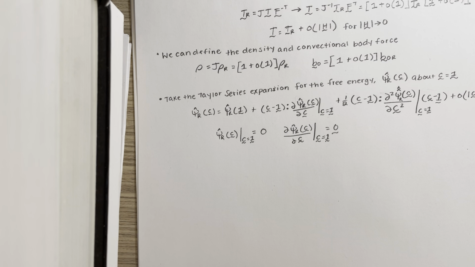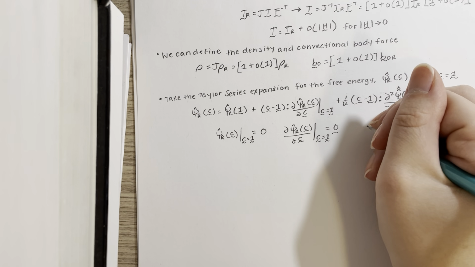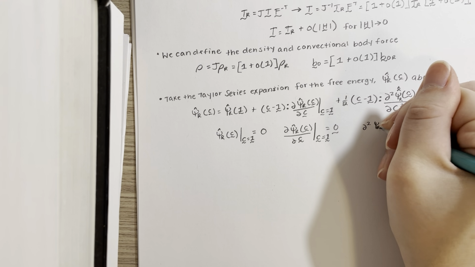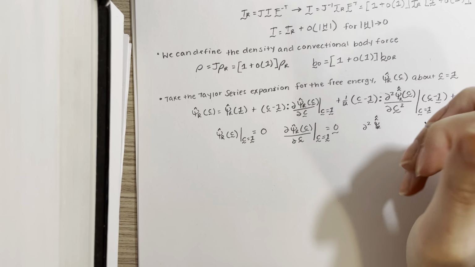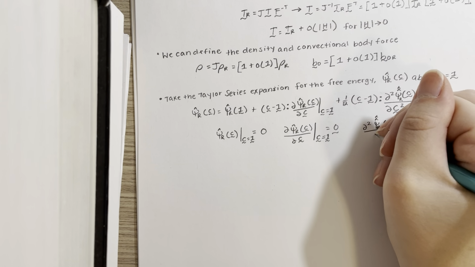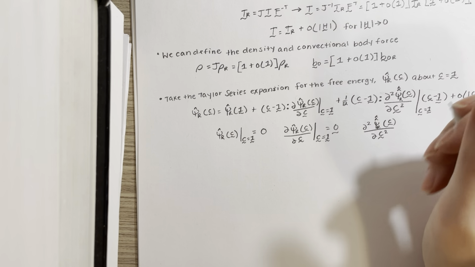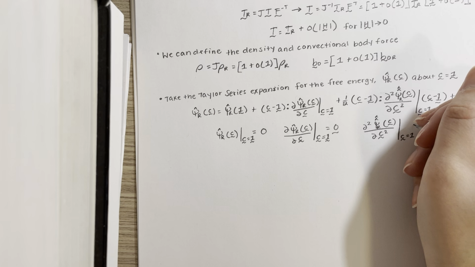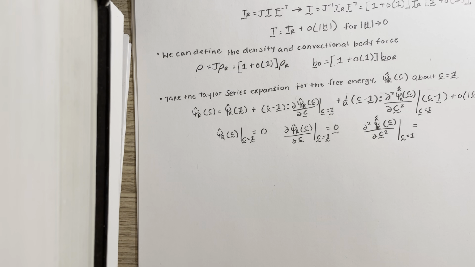And then we have del squared phi r hat over del C squared evaluated at C equal to 1.